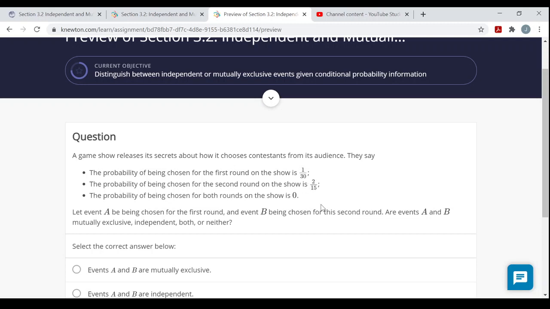So a little different. The probability of being chosen for both rounds is 0. So you can't be on both rounds. Let event A be being chosen for the first round, and event B be being chosen for the second round. Are events A and B mutually exclusive, independent, both, or neither?